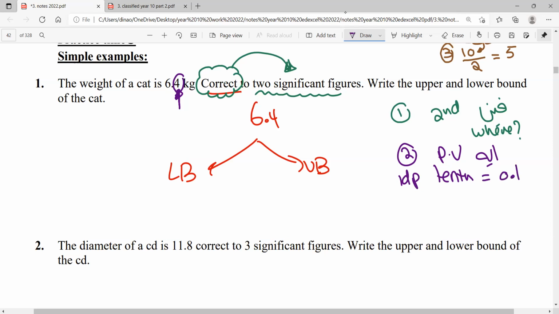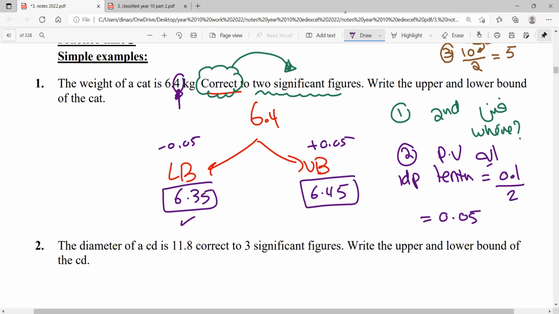So I ask myself where is the second significant figure, what is its place value, then I convert it to a number. The 10th is 0.1. What do we do with this 0.1? We said always and forever divide the value by 2, so you end up with 0.05. Add 0.05 to find the upper bound. Subtract 0.05 to find the lower bound.